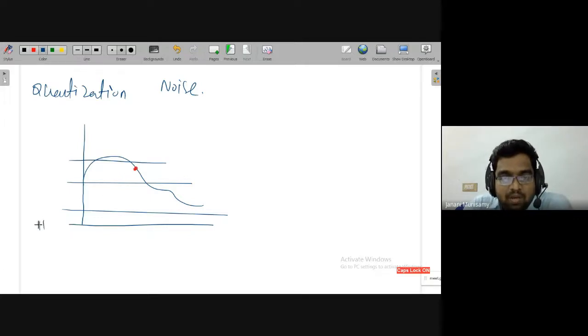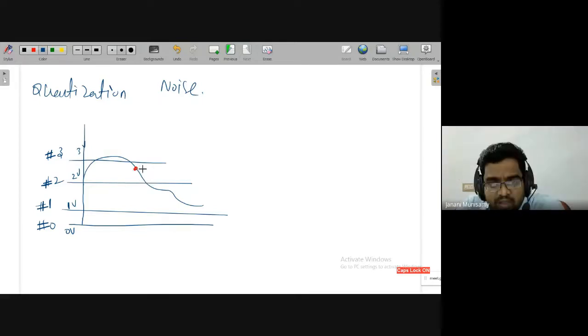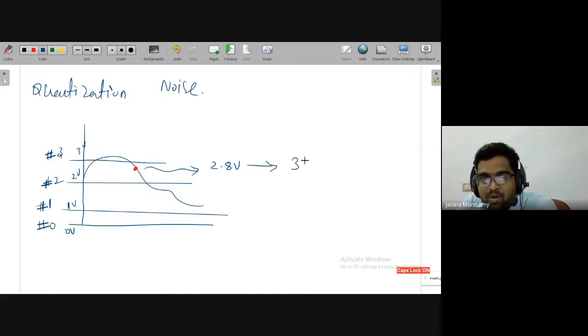Say this is level 0, level 1, level 2, level 3. Again, for simplicity, I will assume that this is 0 volt, 1 volt, 2 volt, and 3 volt. Now this sample, in reality, this value may be 2.8 volt. But when you do the quantization process, this will be mapped to 3 volt. Definitely this will be mapped to level 3. Level 3 means 3 volt.